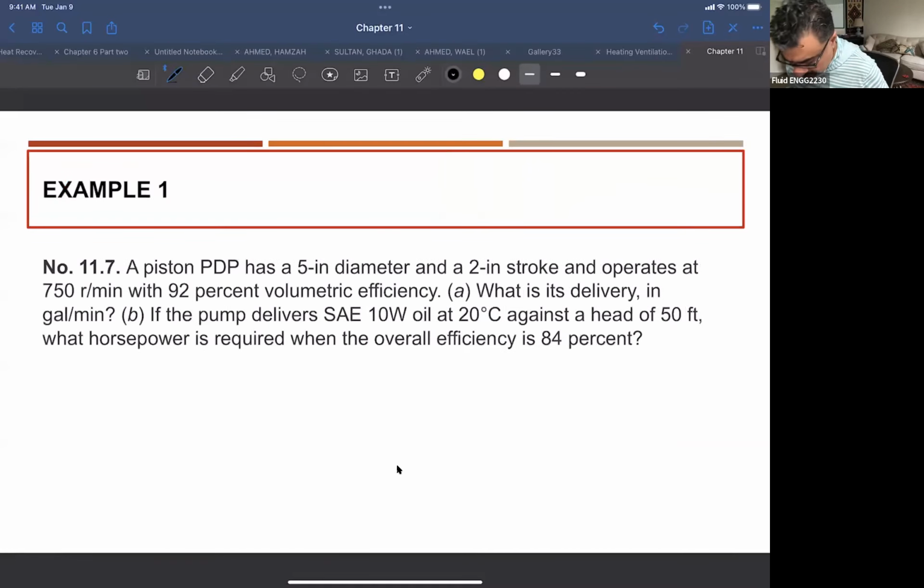So let's look at this problem here, okay? You have a piston displacement pump with a 5-inch diameter, 2-inch stroke.